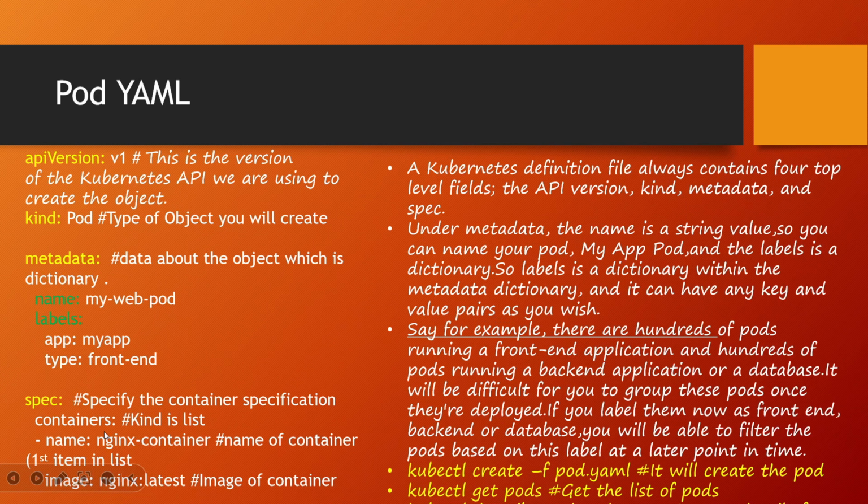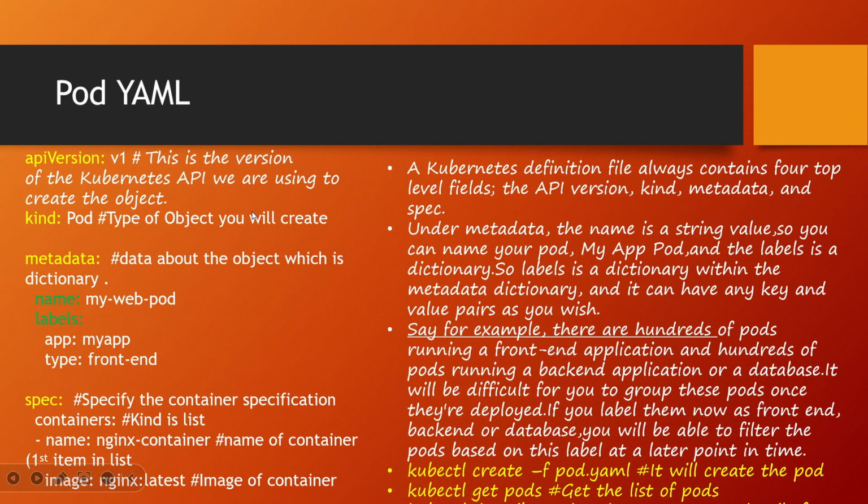So its type is list. The very first container I'm going to deploy inside my web pod is the Nginx container. Inside this, again, you have to provide the name of the container. The first item in this list is the name, which is the Nginx container. It is going to use the image Nginx, which we already saw, right?